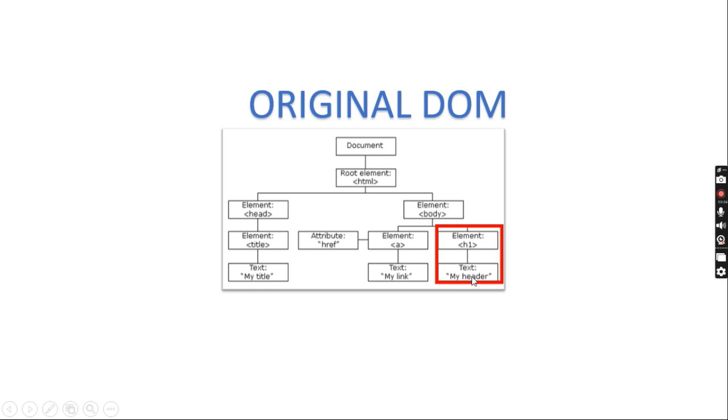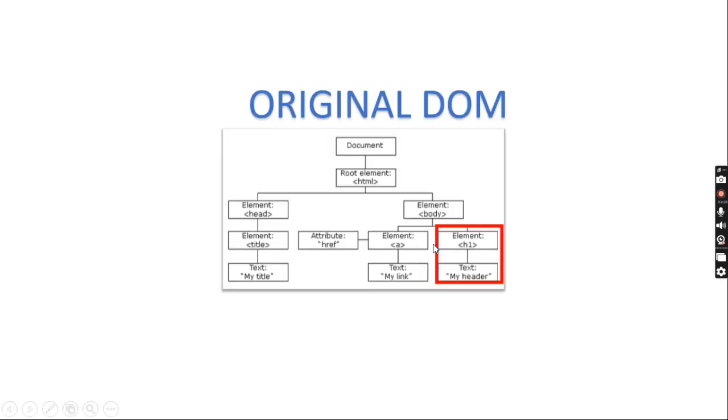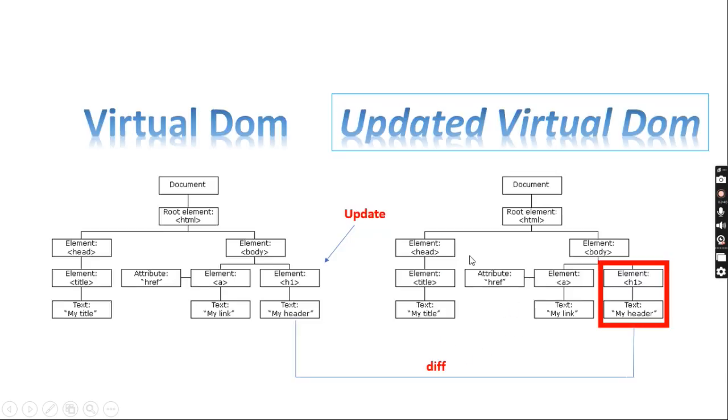So what happens here? We don't need to reconstruct or recreate the original DOM. We can change the particular element alone. So React has the virtual DOM, and by using the virtual DOM we are updating the particular element alone. While we make changes in the particular element, React will create the updated virtual DOM.